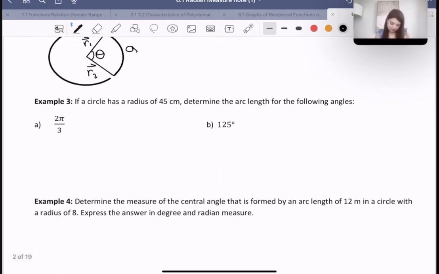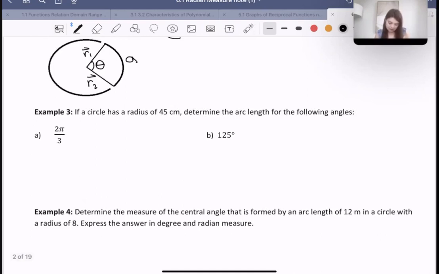So let's do this example. It says if a circle has a radius of 45 centimeters, determine the arc length for the following angles. So our arc length is going to be x times our radius, right?